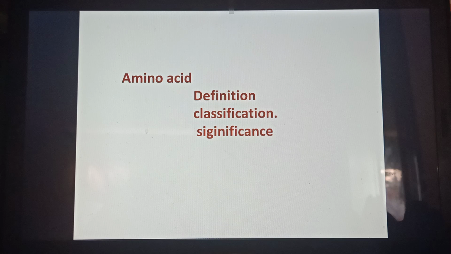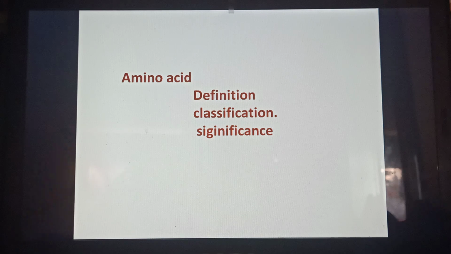Now, first we will start with the definition, classification, and significance.